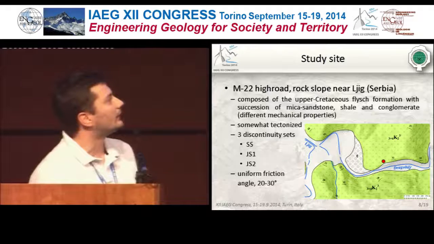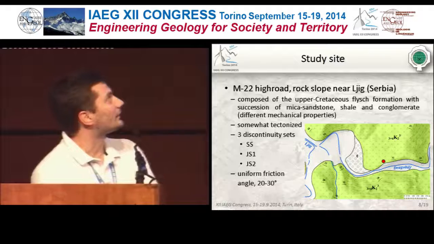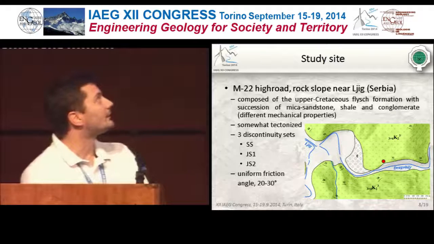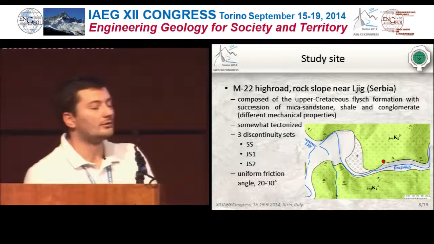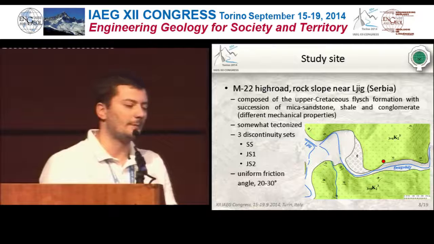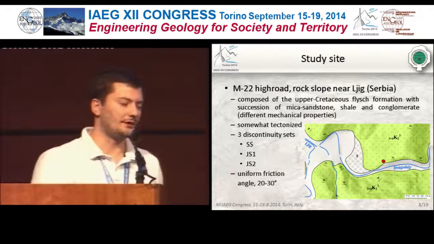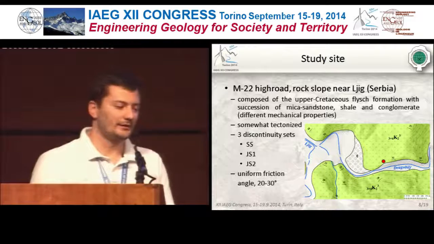We have a single rock mass characterized as Upper Cretaceous Flysch Formation, but it contains alternating units of sandstone, conglomerate, and shale. Which means that we have different mechanical properties within the formation, which is why the modeling would be tricky, and this is what awaits us.